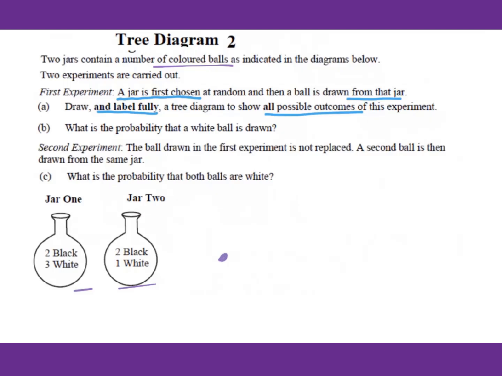First of all, you have to choose a drawer from two drawers. So we have two choices. This is drawer 1 and here's drawer 2. After you choose a drawer, then you will draw a ball from it.